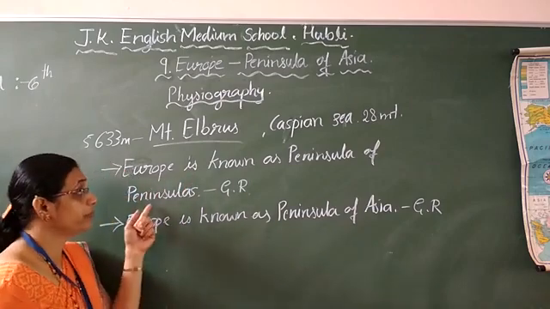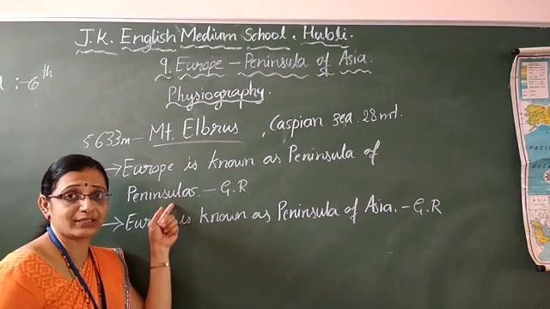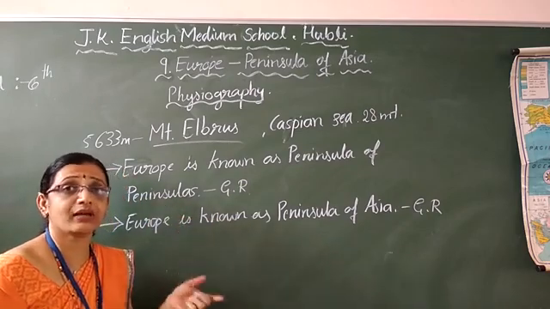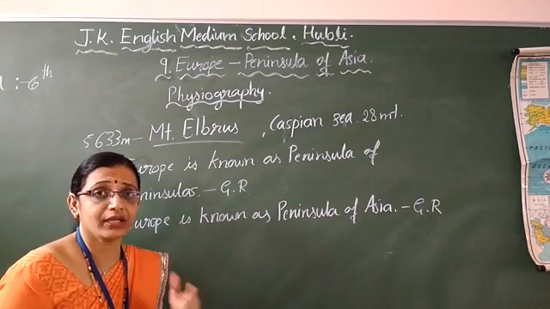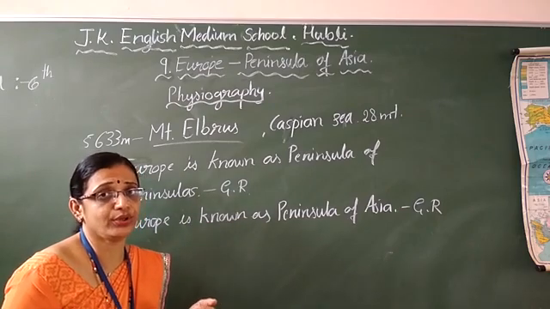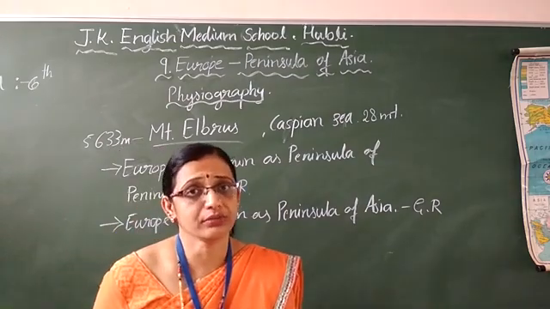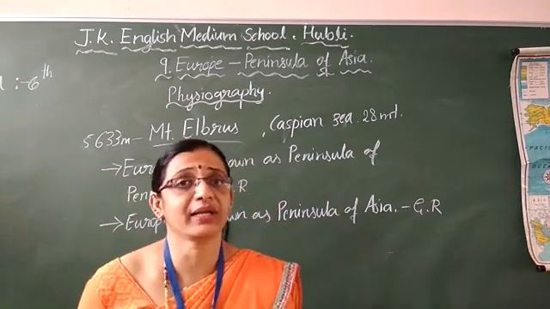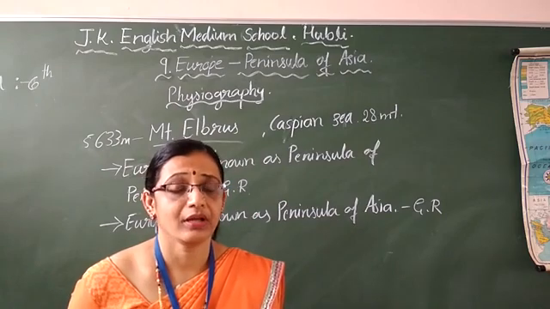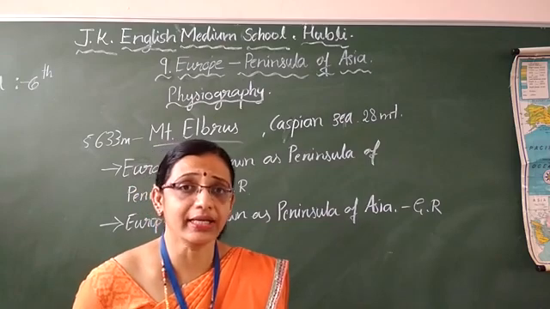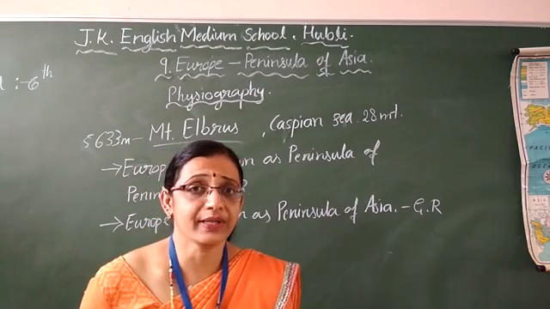Second one, Peninsula of Peninsulas. That means in the Europe continent, a number of countries are peninsula countries. India is a peninsula country. Do you know? India is also covered by three water bodies. Children, only in the north part it is having the land. Arabian Sea, Indian Ocean and Bay of Bengal cover India. From the west, Arabian Sea is there.